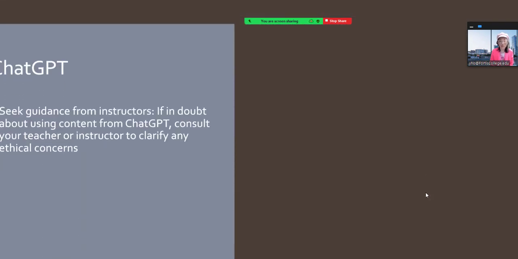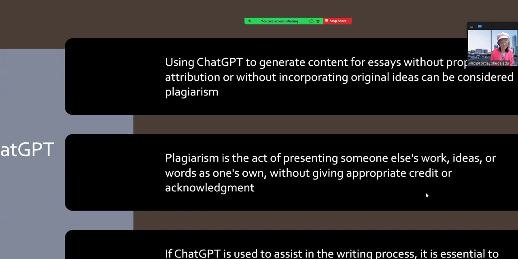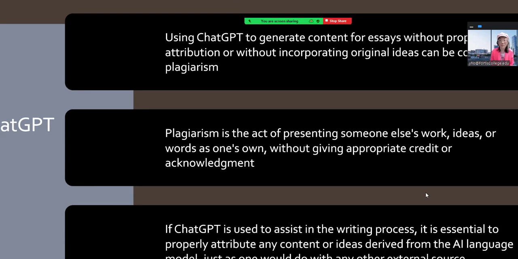Seek guidance from instructors. If in doubt about using content from ChatGPT, consult your teacher or instructor to clarify any ethical concerns. And so using ChatGPT to generate essays without proper attribution or without incorporating original ideas is considered plagiarism.